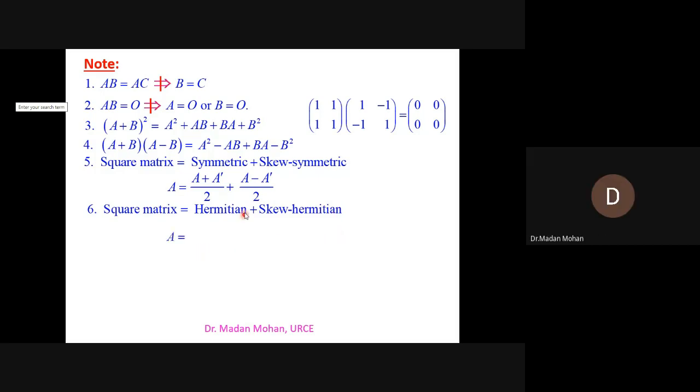Now I have given A. Now tell me the Hermitian part of A. You can easily tell now after observing the fifth one. It is A plus A power theta by 2. Very good. What is the skew Hermitian part of A? A minus A power theta by 2. Very good. I think you got the same logic. Every square matrix can be written as the sum of Hermitian and skew Hermitian like this. Okay. Next.